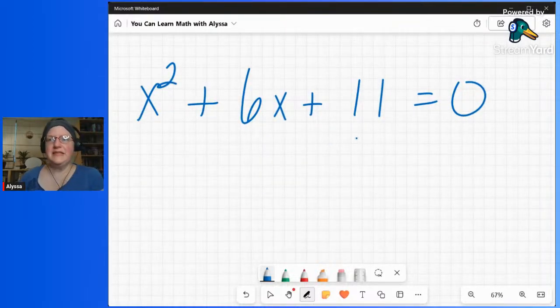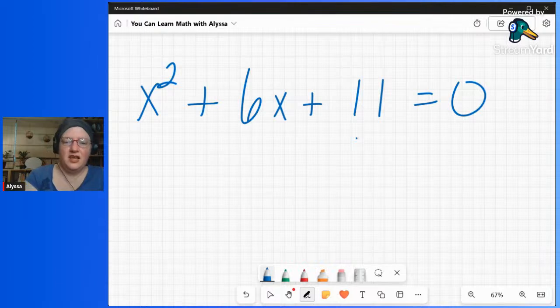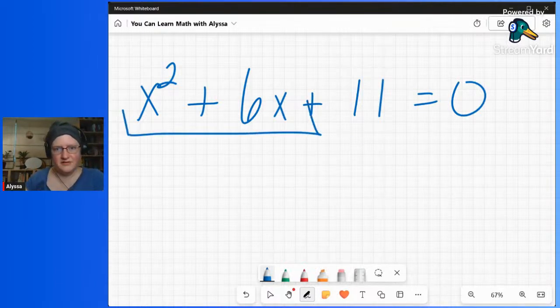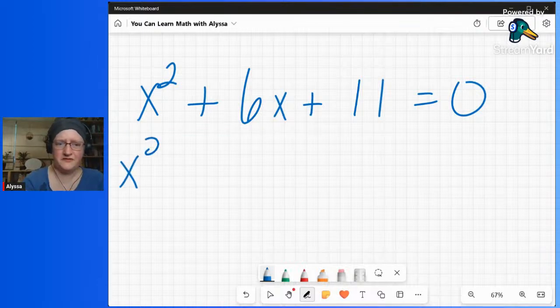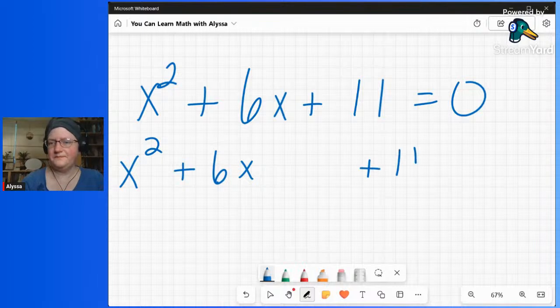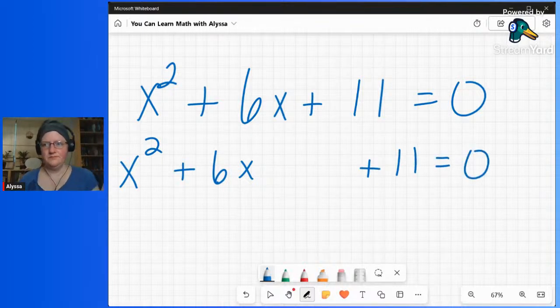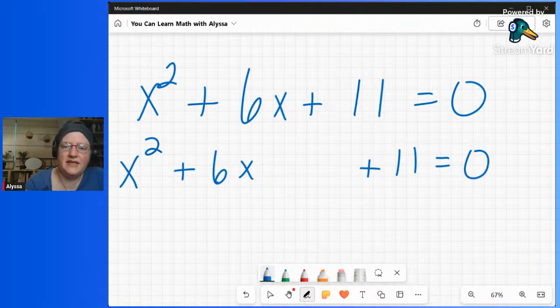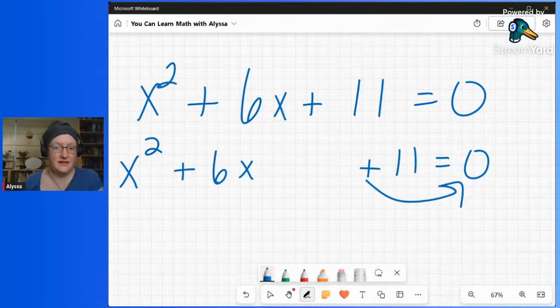When we complete the square, you separate this first part from the rest of it. We're going to make an actual physical space. So there's our first one. Actual little physical space. And if you want to, you can move this 11 over to the other side.